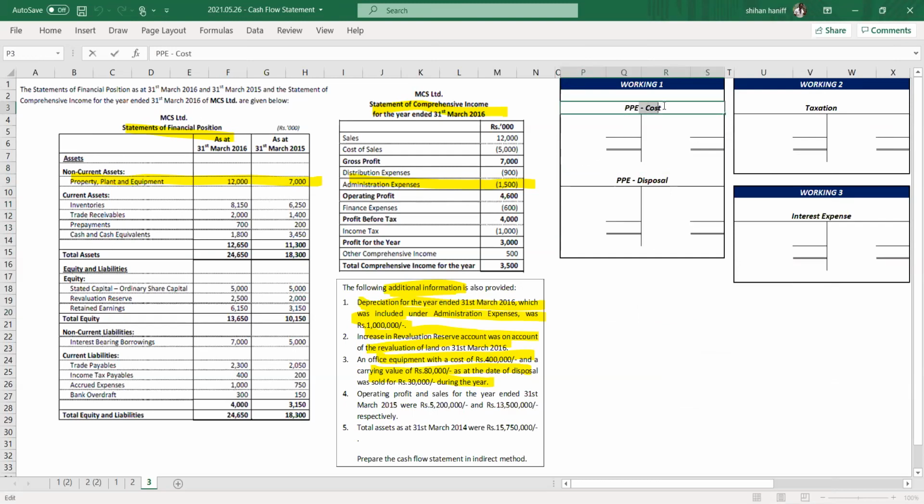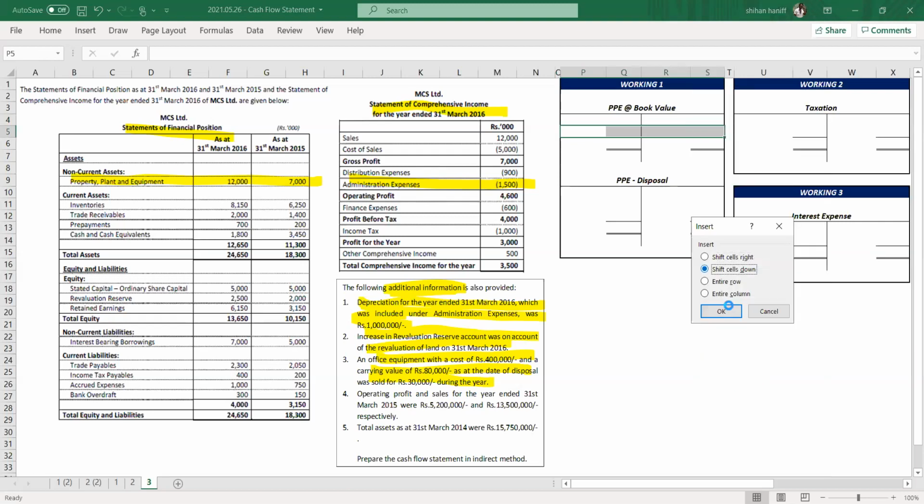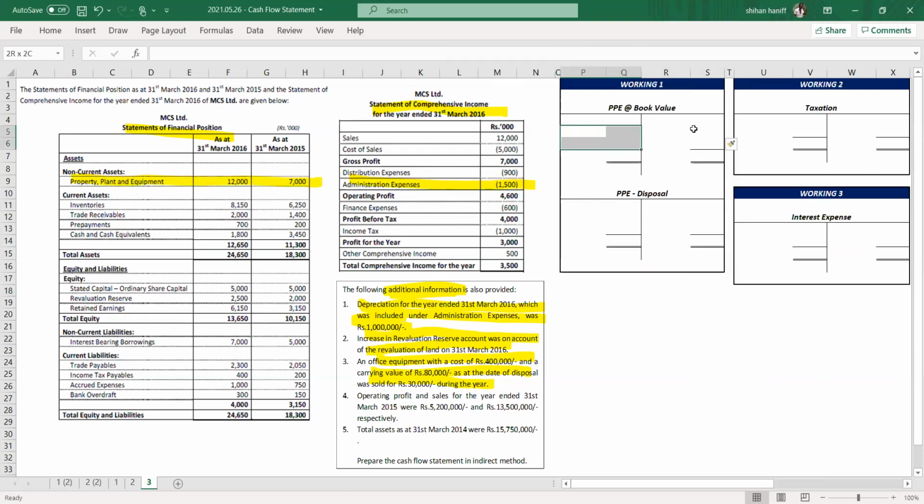So this is PPE at book value. All the depreciation and everything will be recorded in this account. Depreciation, purchases, disposal, all will be recorded in the PPE account.